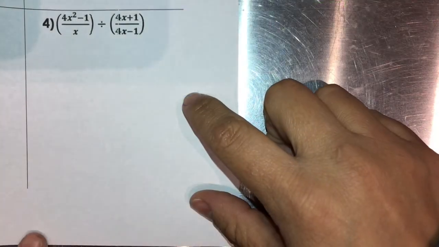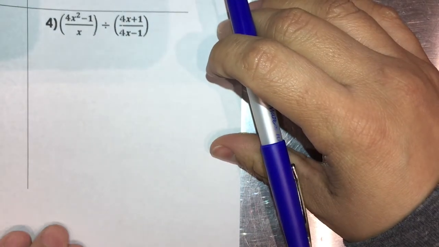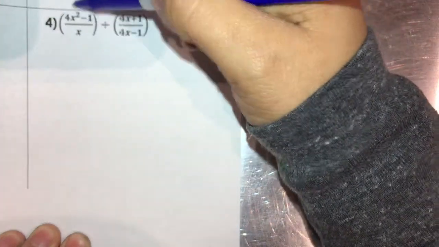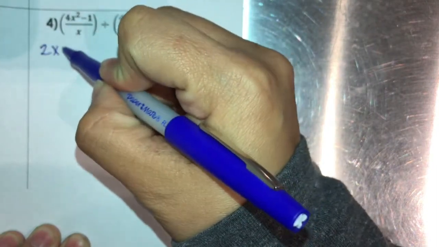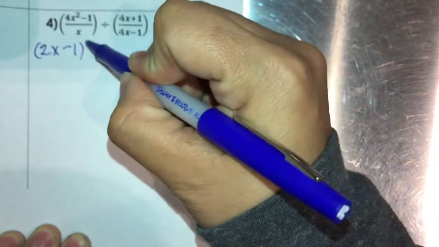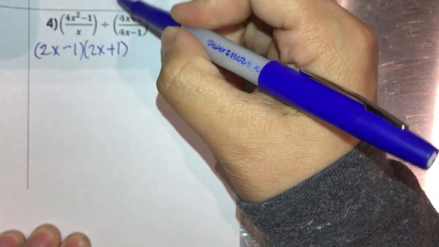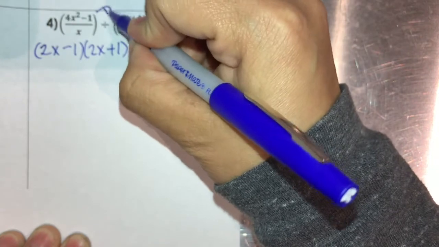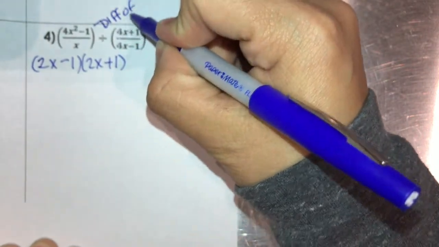Let's finish number 4. We want to see if there's anything we can simplify in the first expression. We can say 2x minus 1 times 2x plus 1. This is called the difference of squares.